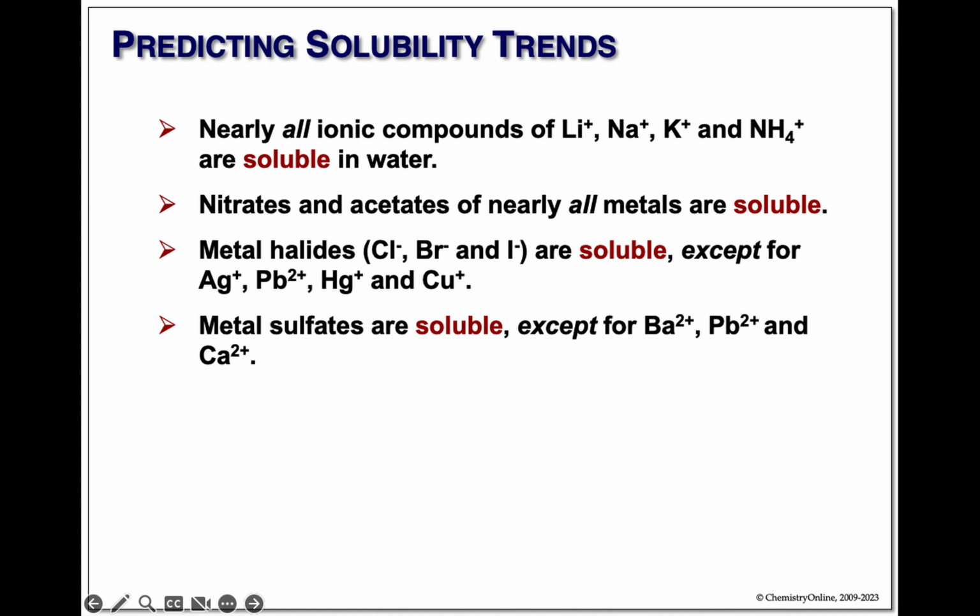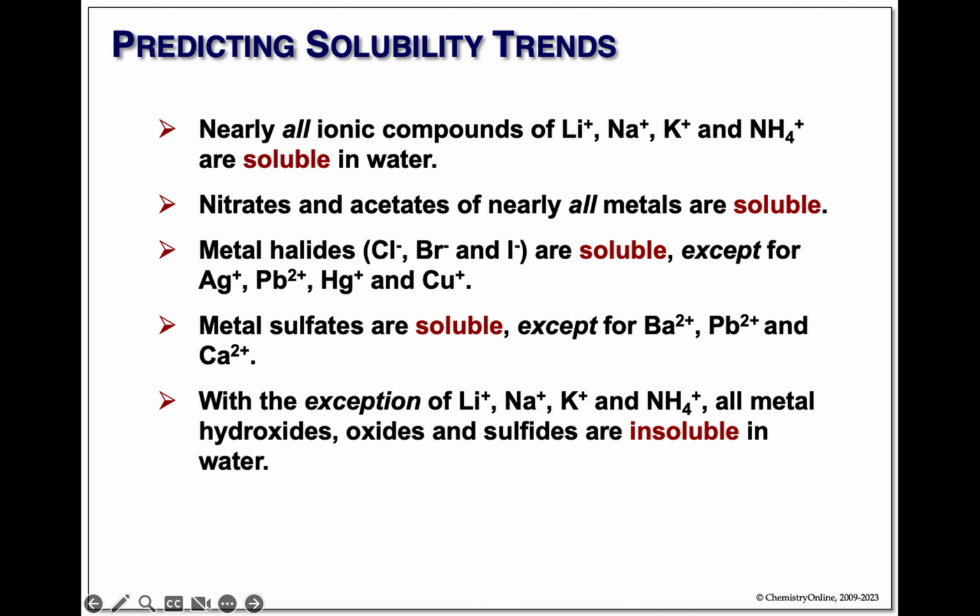Metal sulfates are going to be soluble except barium, lead, and calcium. Those are insoluble. Finally, if you make a hydroxide or oxide or sulfide, it's going to be insoluble unless Rule 1 dictates. Got it?